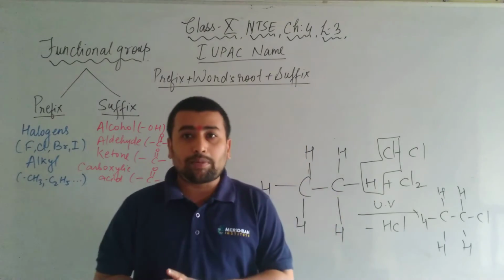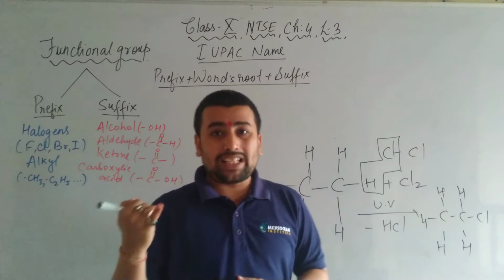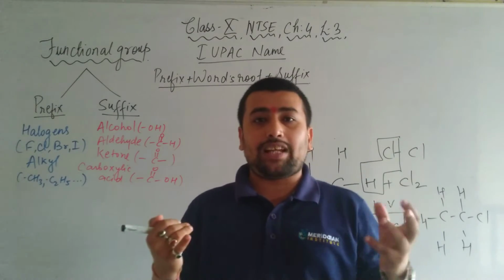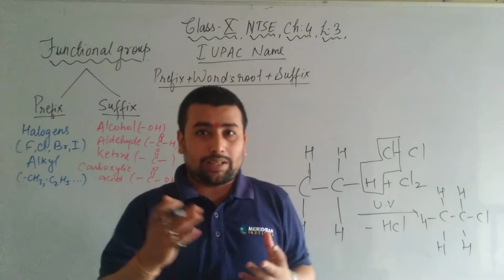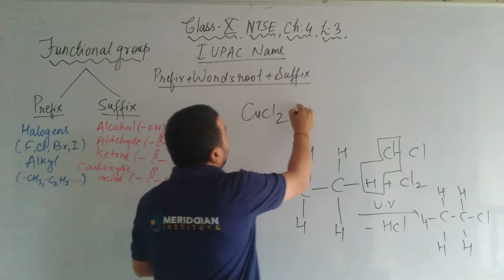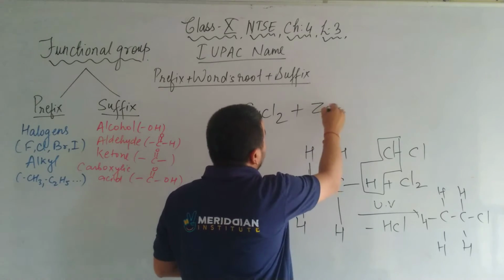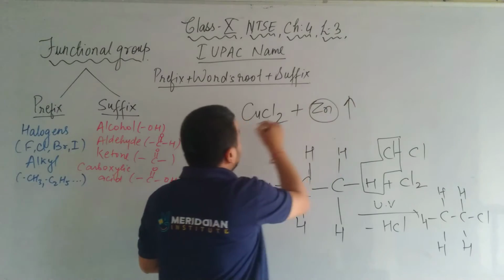In the types of chemical reaction you may have heard about displacement reaction. A low reactive element is displaced by a high reactive element. Just suppose if I talk about cupric chloride, CuCl2, if I put here Zn or iron or any other metal, this metal must be more reactive than copper.